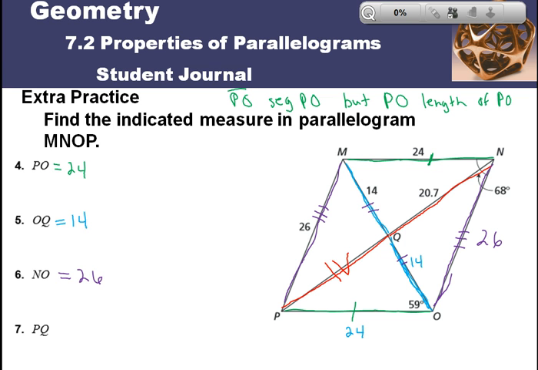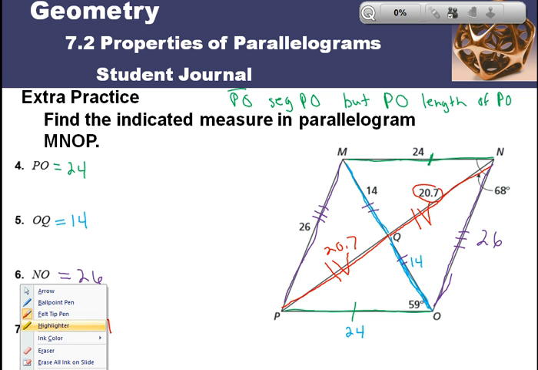IV is 4. Okay, so I know that PQ is congruent to QN, and we know that QN was 20.7, so that means that PQ must also be 20.7. Okay, so let me just give you a minute to get yourselves caught up. I'm going to test out another color while we're trying that. What about that orange color?